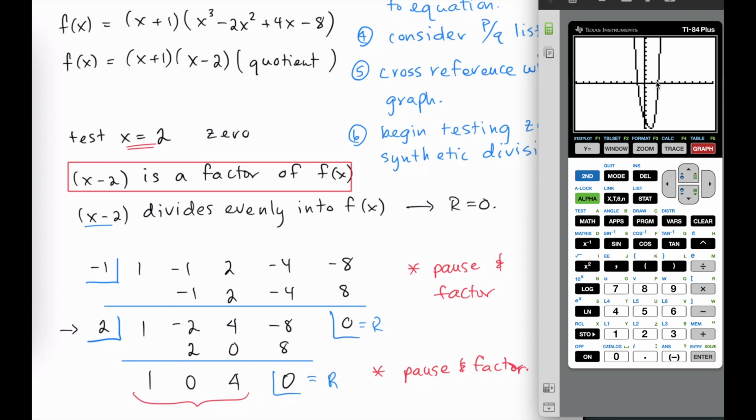That quotient must be quadratic or second degree because the dividend was a third degree and we just divided out a linear factor. That tells us that 1 must be a coefficient on the x squared term. 0 is the coefficient on x, so we don't need to write that term, and then plus 4 is the constant.